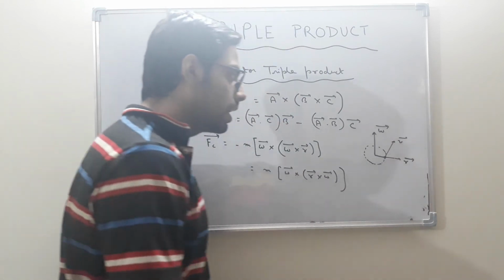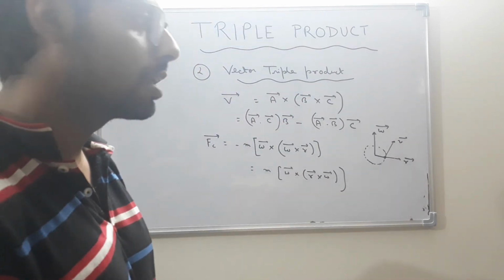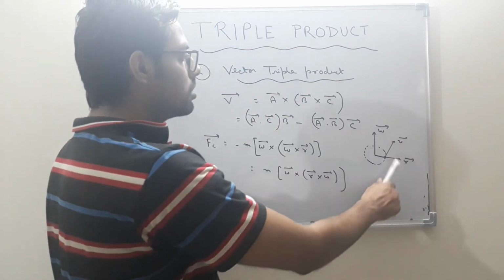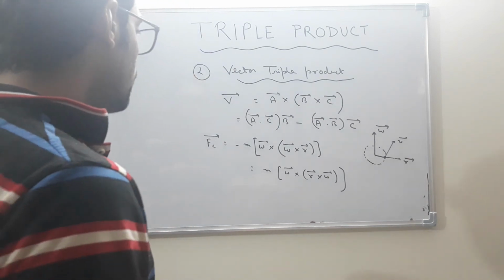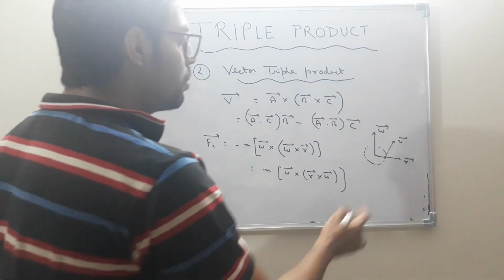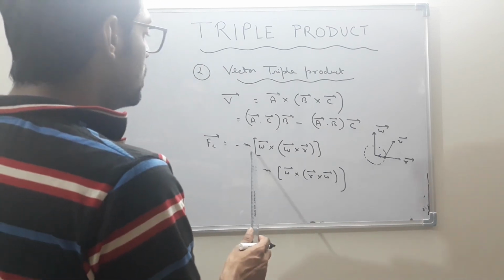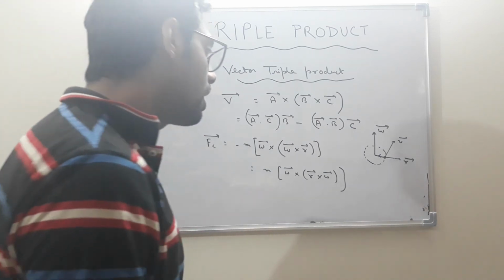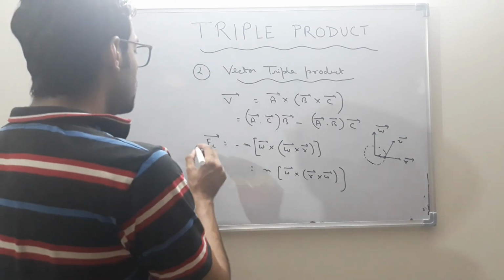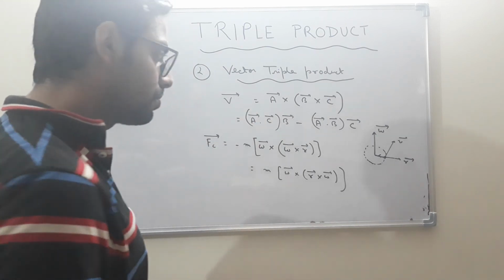I will discuss this later when we talk about rotational dynamics. But as of now, remember that Fc, the centripetal force directed toward the center of this rotation, is given by minus m into omega cross r. Okay, so this is a physical application of this vector triple product.